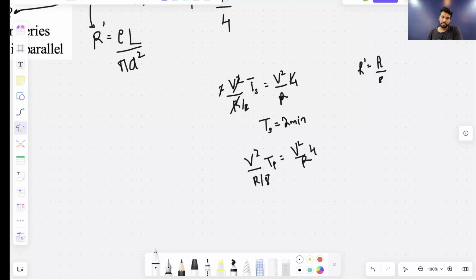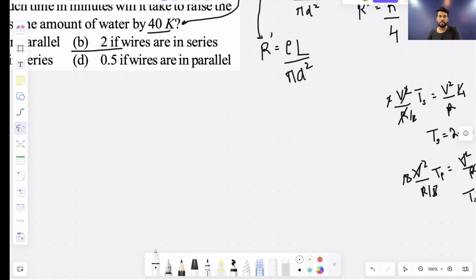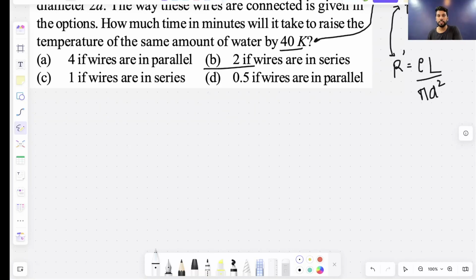Right? Now when 8 goes on top, it's going to be 2 V square R, and R is going to get cancelled, and TP, the time for parallel, is going to be half minute, which is 0.5 minutes, and your option is D, 0.5 if the wires are parallel.